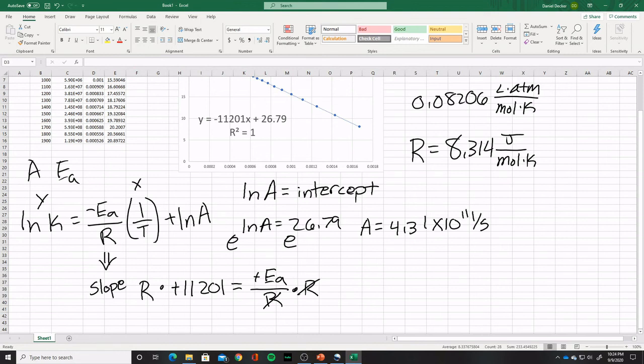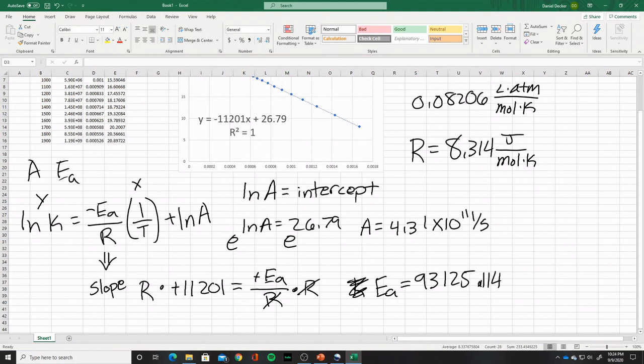And we will end up with the energy of activation is equal to 93,125.114.